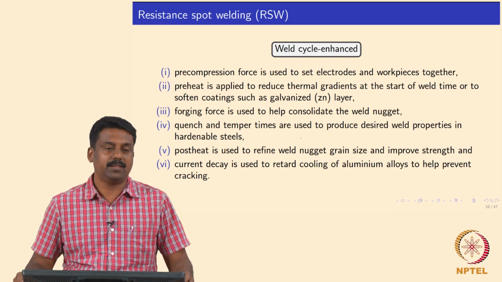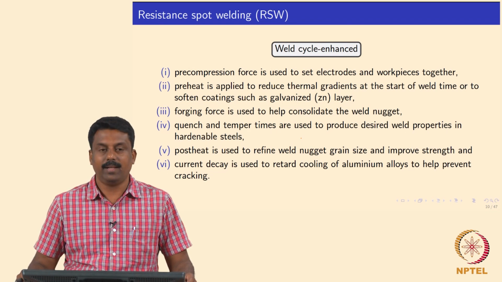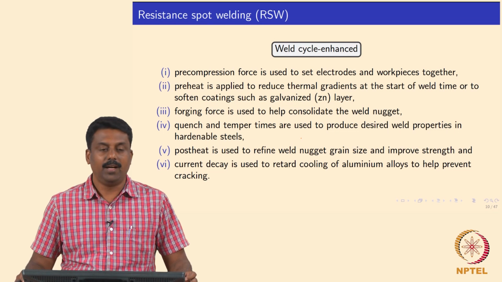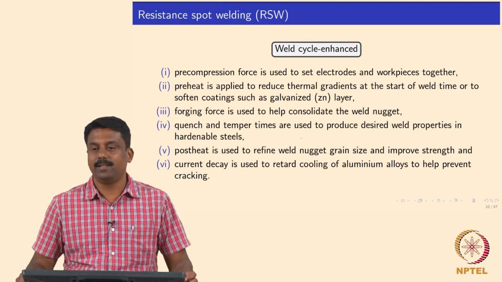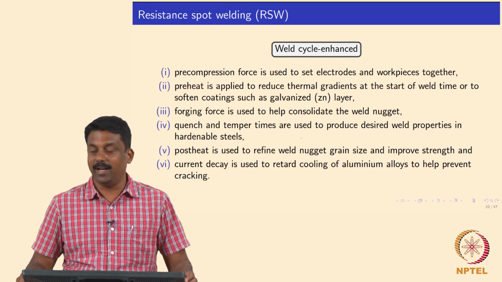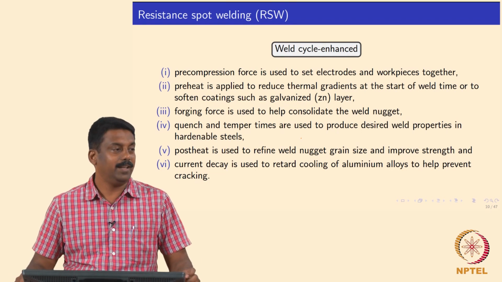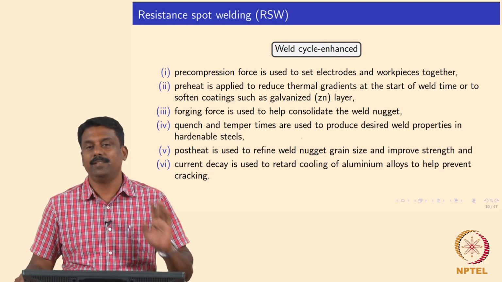Aluminum alloys are extremely notorious to weld by resistance spot welding. Resistance spot welding of aluminum alloys, and also the stainless steels. Stainless steels are a nightmare to weld in resistance spot welding. I have never seen someone weld stainless steel by resistance spot welding without cracking.